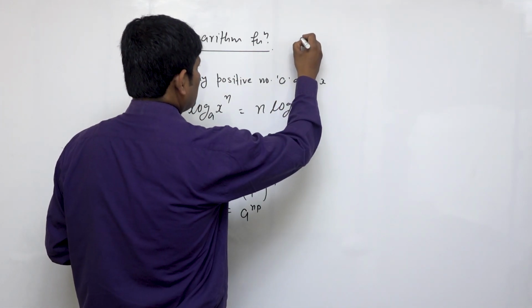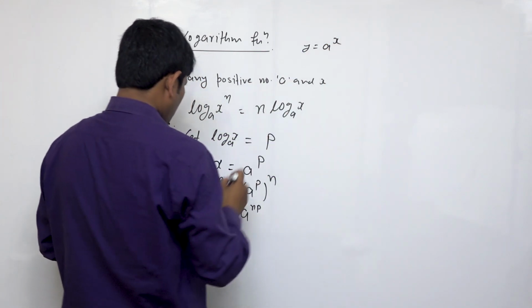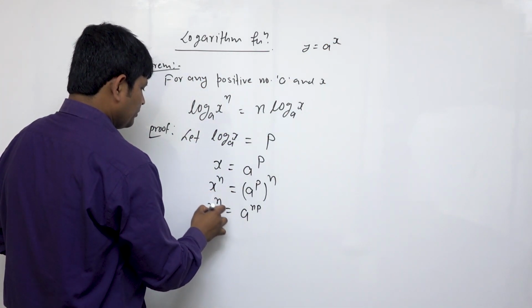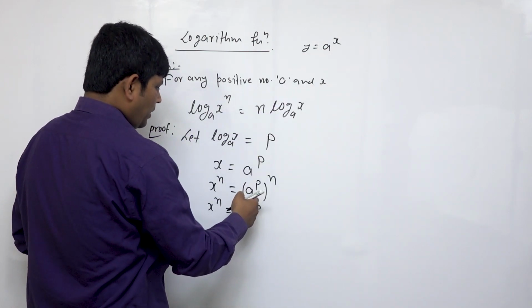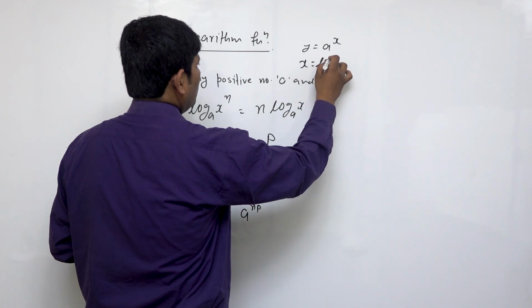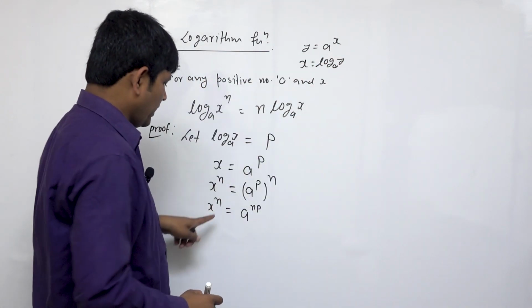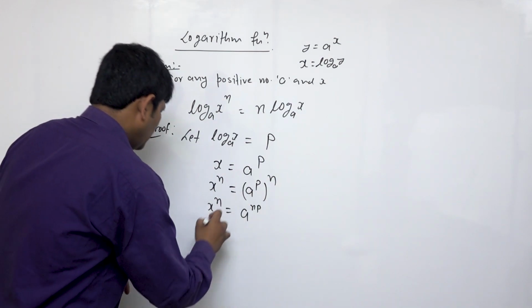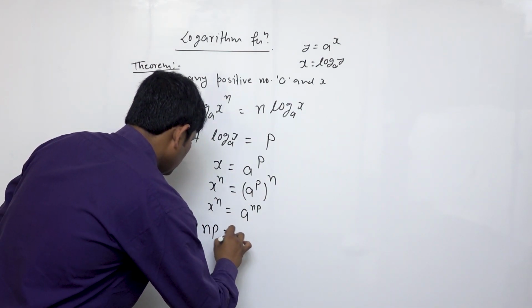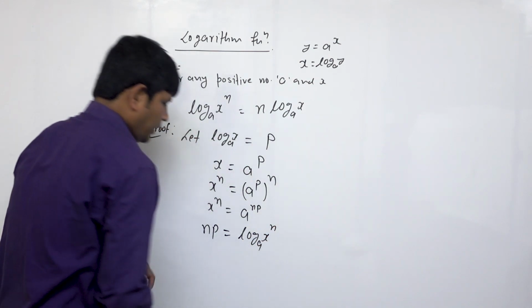Again, the exponential function: y is equal to a to the power x. Suppose this whole thing is y. Then x is equal to what? Log of y to the base a. The same thing we have to apply here. So np is equal to log of x to the power n to the base a.